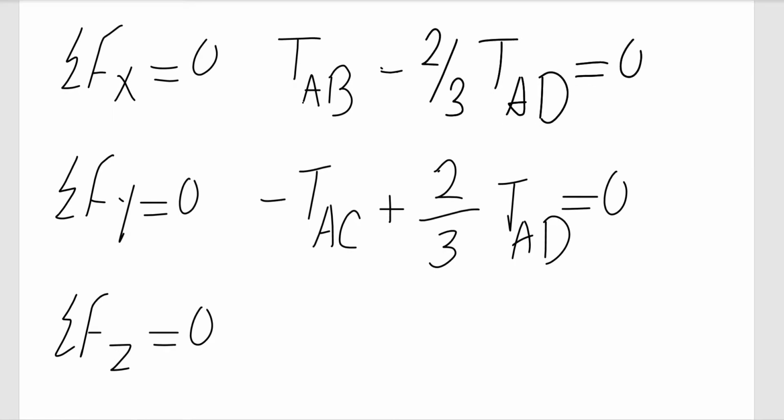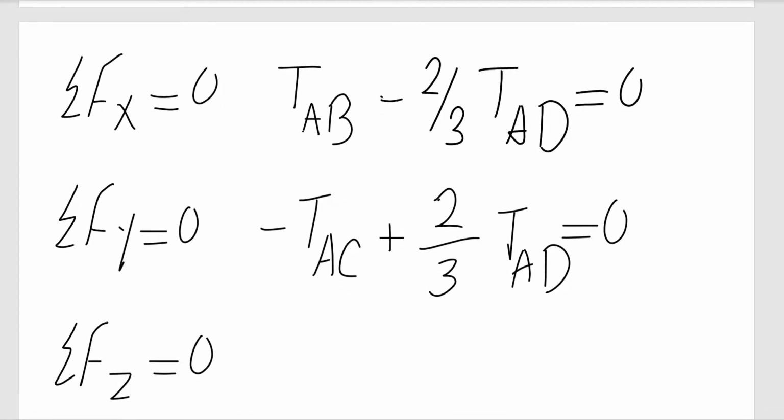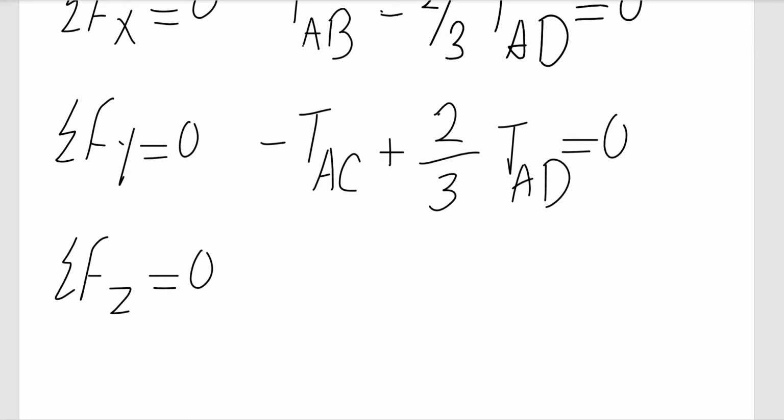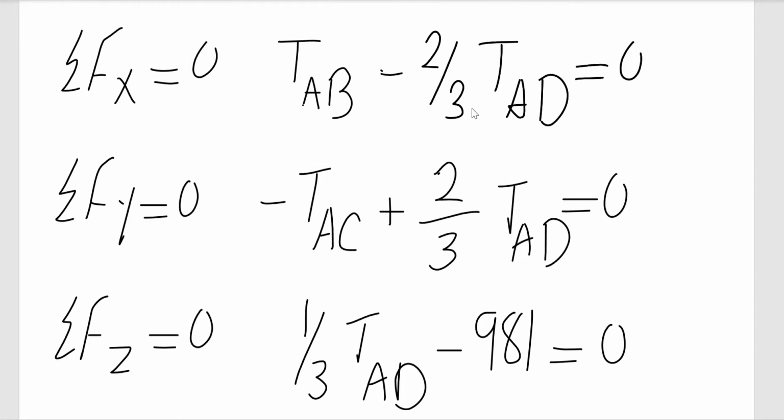If I go to z direction, I have TAD as well as the weight. So 1/3 of TAD minus 981, that's the weight, equals 0. So in these two equations, I had AB, AD, AC, AD. Each equation had two unknowns.